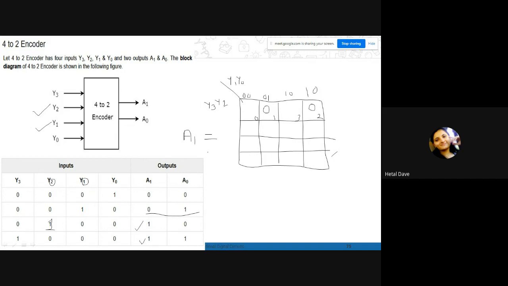So here 0. Then 0, 1, 0, 0 means 4. So at the fourth cell, what should I put? 1. Then 1, 0, 0, 0: what should I put at the eighth cell? 1.